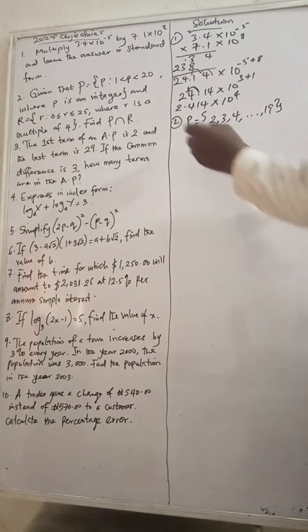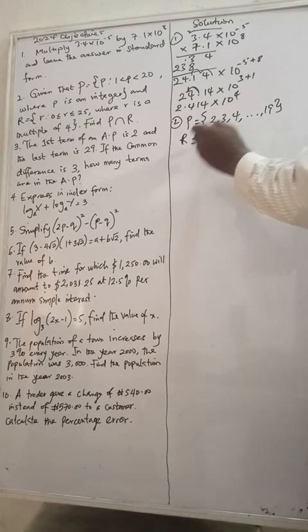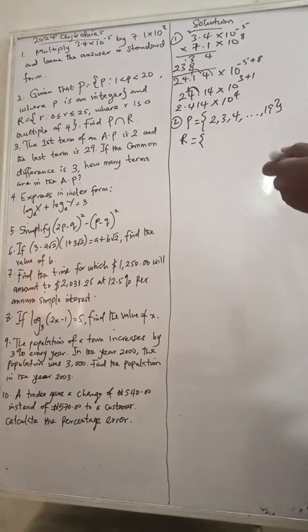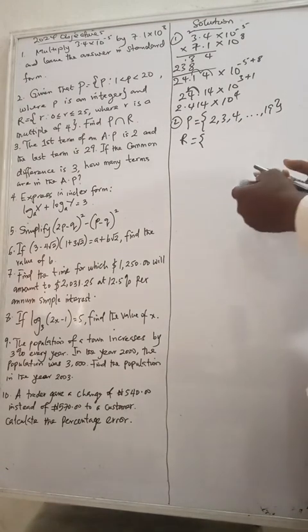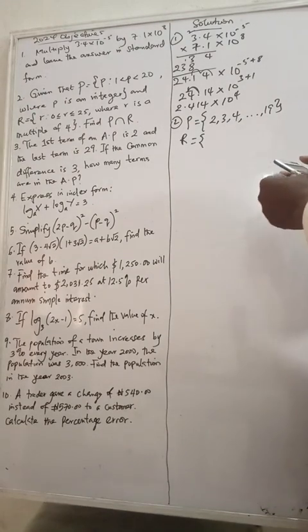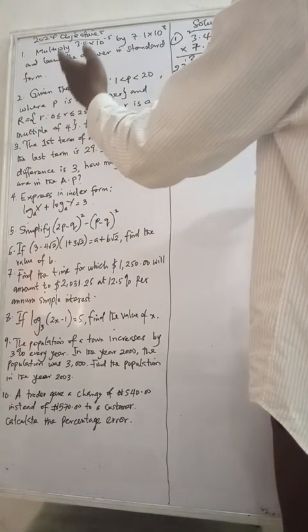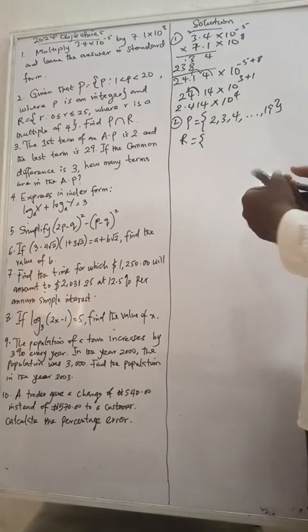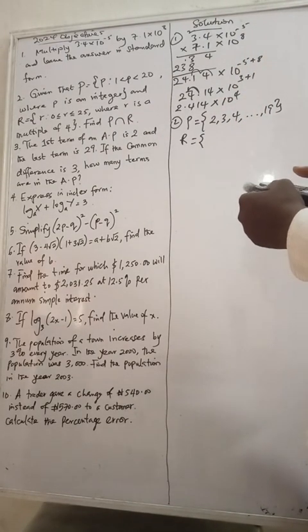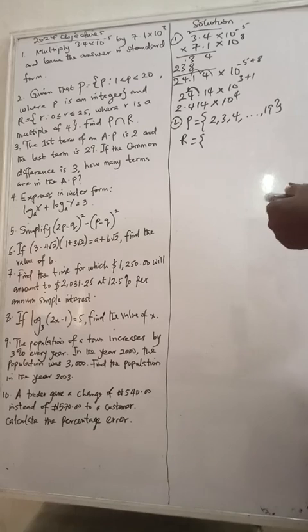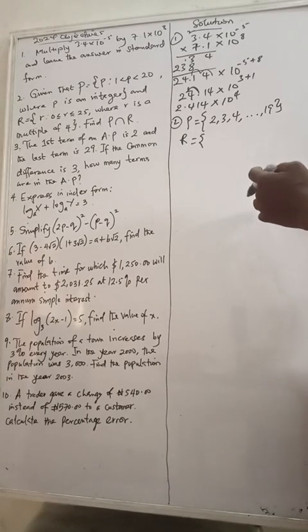Then we have another set R. R is such that 0 is less than or equal to R, while R is less than or equal to 25, where R is a multiple of 4. So it means that we are going to write the multiples of 4 between 0 and 25.